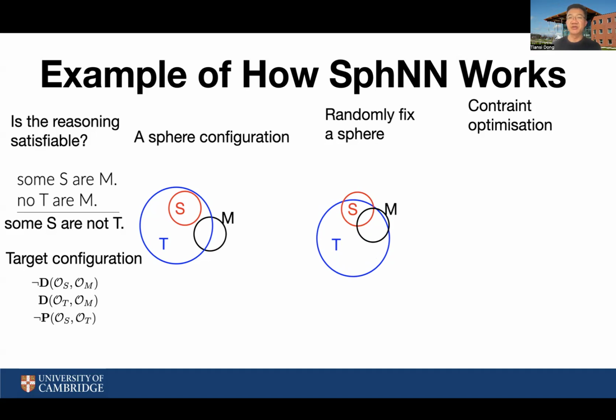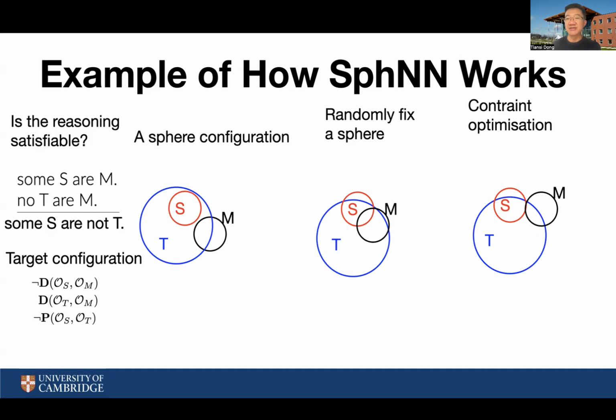The method is that the network will fix S and T and then update M while keeping the relation between S and M. So it will move M away from T as long as S and T are connected.